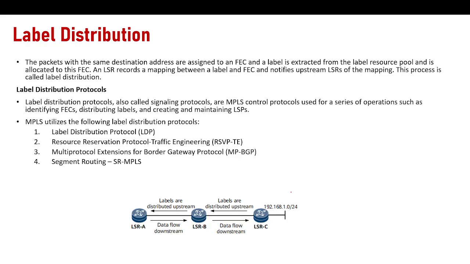And then you can have segment routing, for example in SR-MPLS, where you are using segment routing as the signaling protocol. These protocols will be used to assign labels to the different FECs that you have in the network. So that is basically it about label distribution. You can read about it further. You can check on LDP, RSVP-TE, MP-BGP, and segment routing, so that you understand how they distribute labels on a network. Any question?